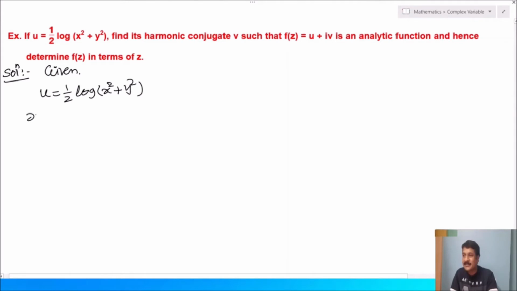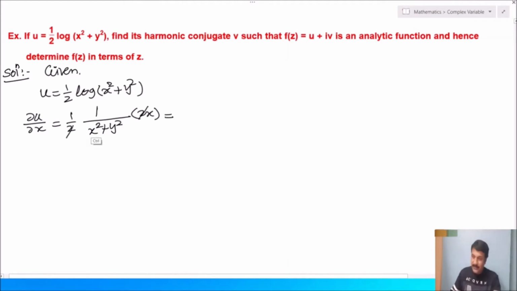So differentiate this with respect to x. It is equal to 1 by 2, 1 upon x square plus y square, since the derivative of log is 1 upon its argument, and with respect to x that gives 2x. So the 2 gets cancelled, and finally we get x upon x square plus y square. Similarly, what is del u by del y?